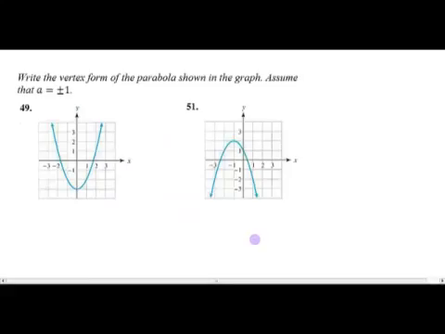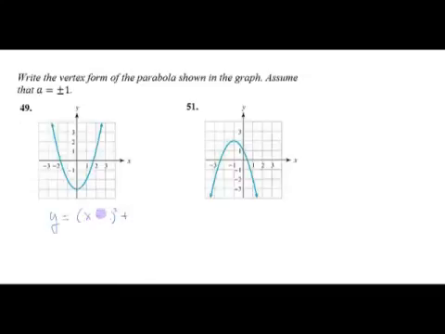Let's write the vertex form of the parabola shown in the graph, and we'll assume that a is either a positive or a negative 1. In other words, the parabola has not gotten wider or narrower than the standard y equals ax squared form. So let's go ahead and start with this one. I have y equals a is 1, so x minus something squared plus something.